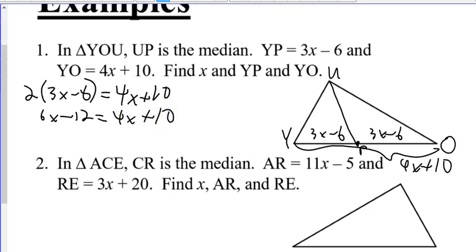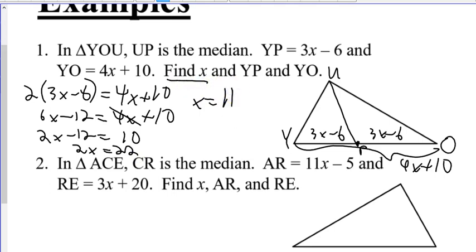I like to keep my x's positive, so I'm going to subtract 4x. I'm going to move the 12 over, so I'm going to add 12 and get 2x equals 22. When I divide by 2, I get x is 11. But that's not all it wants me to find. It also wants YP and YO.